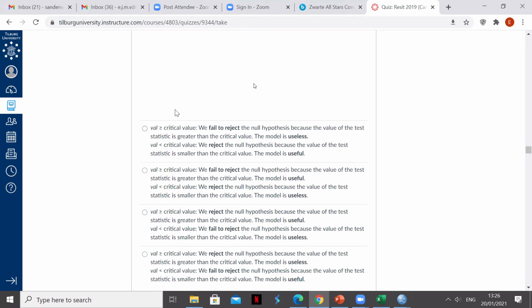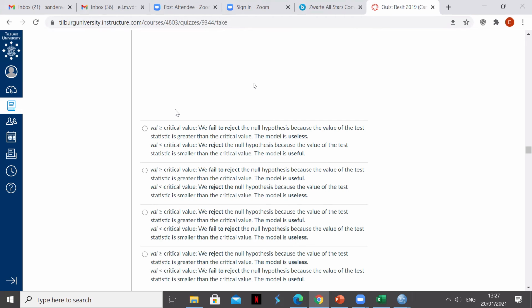Shall we go over quickly when to reject and when not, and then you can easily choose the answer? So when do we reject? We reject if the value, so the t statistic or the F statistic, is bigger than our critical value, right? Is it?